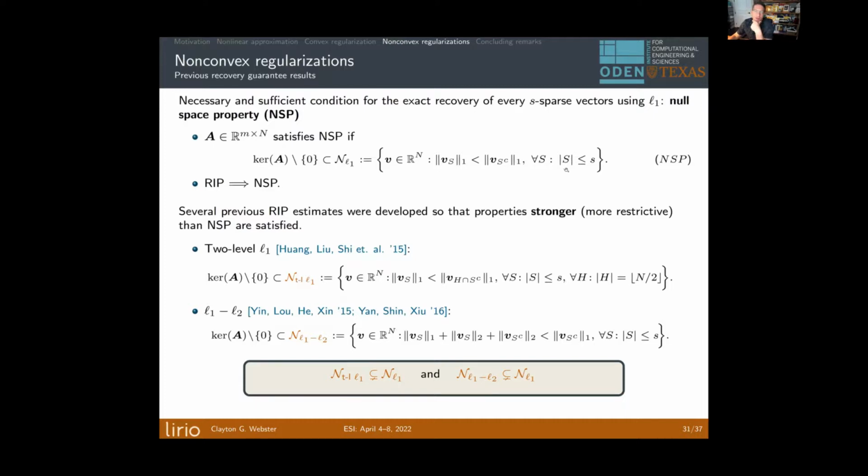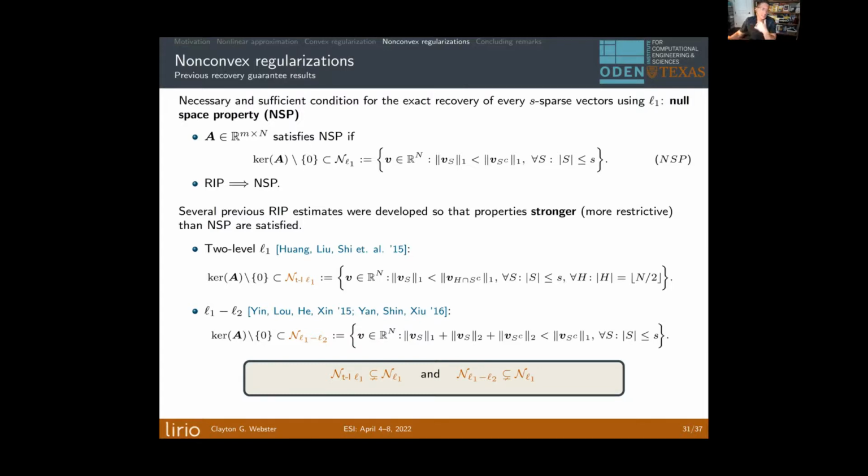And this is true for all sets of cardinality less than S. The RIP, as I mentioned, implies the null space property. There have been several RIP-type estimates developed. Unfortunately, what they show is that such methods are stronger, in other words more restrictive, than the null space property. And so we wanted to understand if this can be improved.